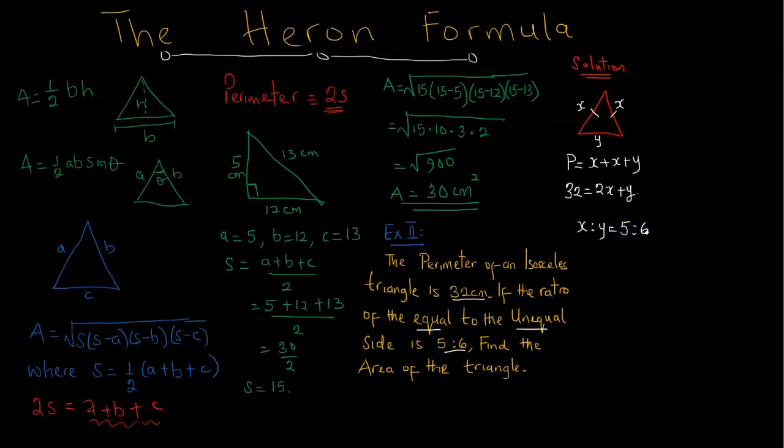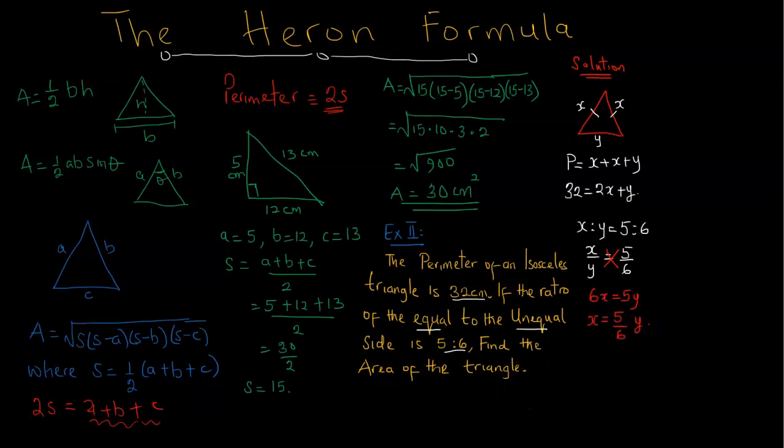And we know that ratio is basically division. So x ratio y can be written as x over y, and 5:6 can be written as 5/6. If I choose to cross multiply here, I'm going to get 6x equal to 5y. Making x the subject, x would be 5/6 y.